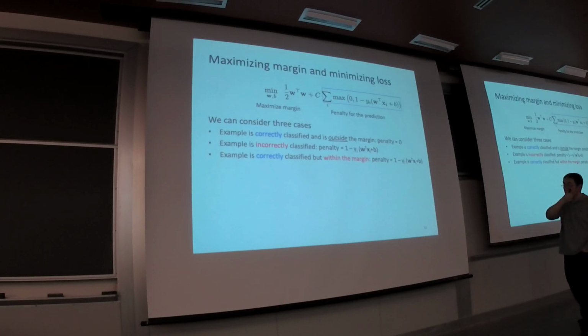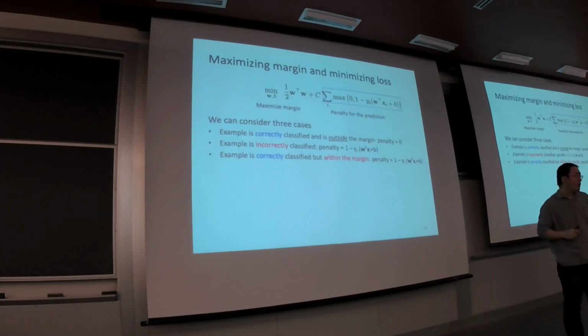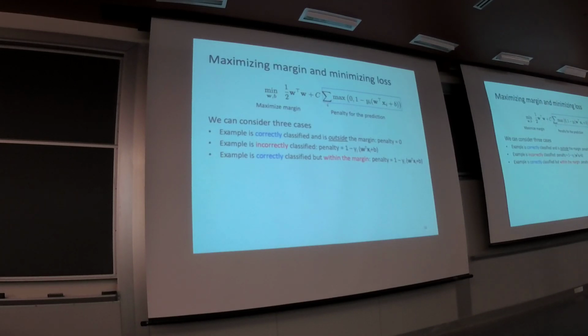So now you can say, even if you do the right thing, right? You correctly predict the example. But if your hyperplane is too close to the example, you still have to bear some punishment, right?